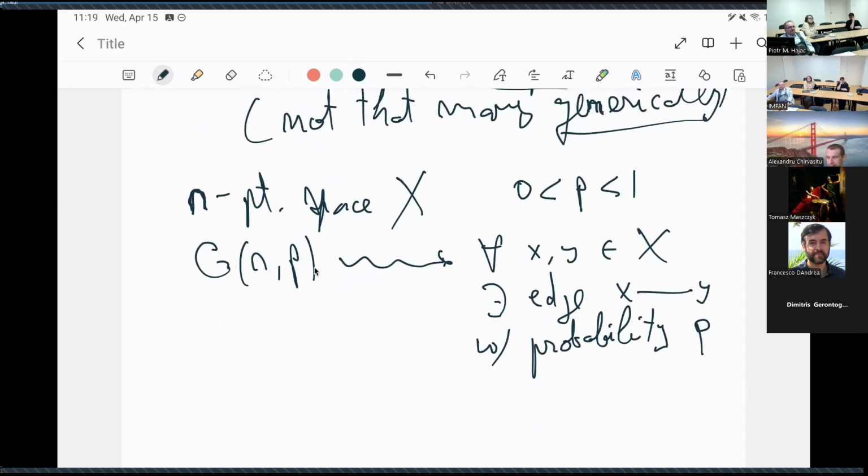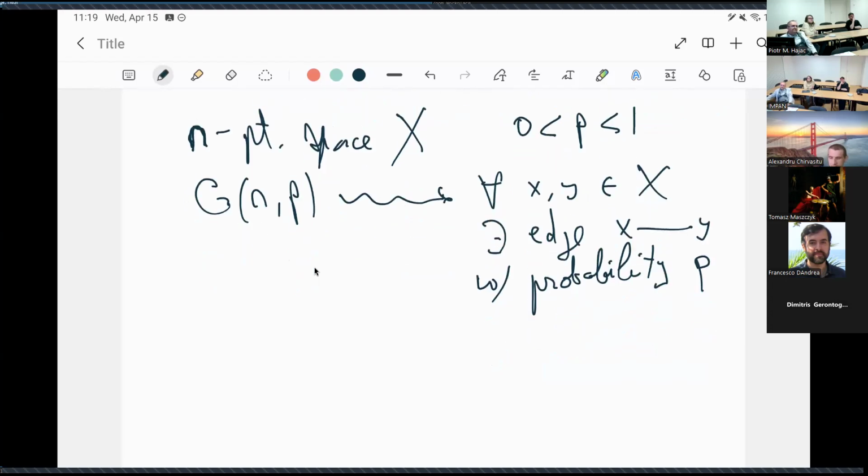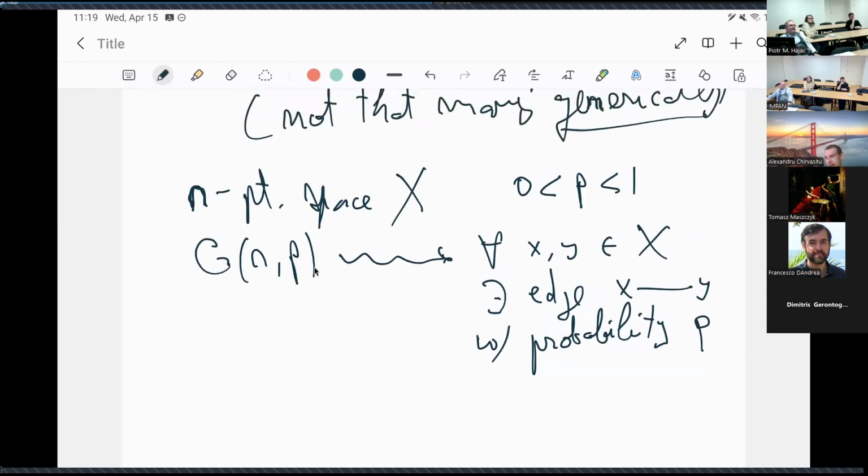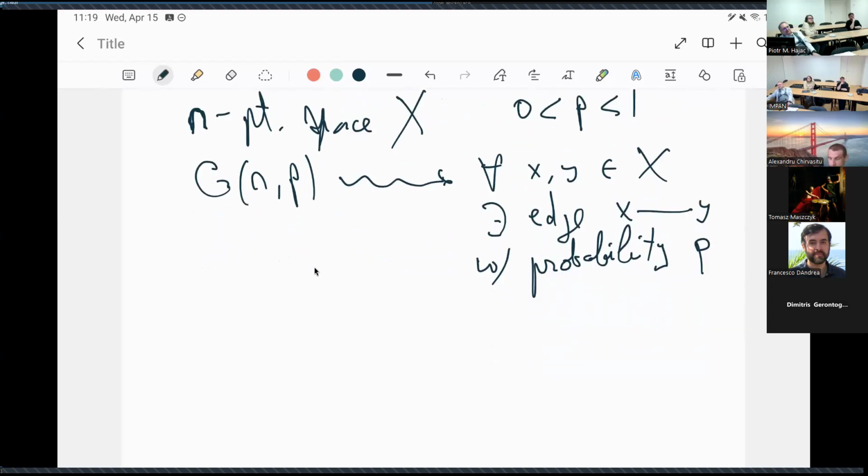And now, of course, this is an extremely finite sort of system. You can't say that much about just it. But what tends to happen in this business is people make n go to infinity. And then there are myriad variations.